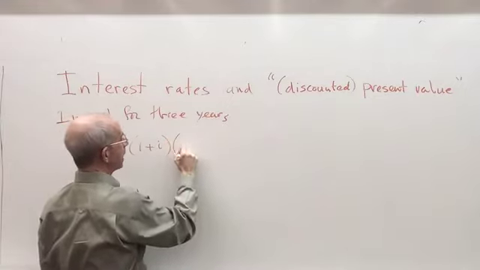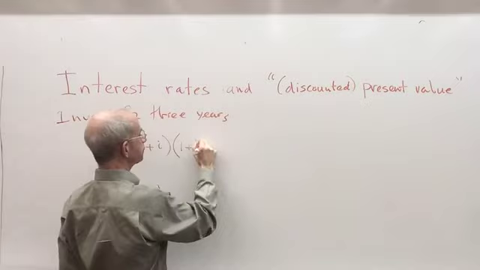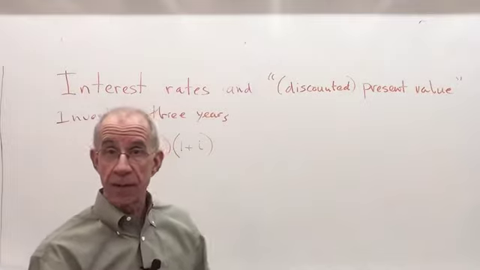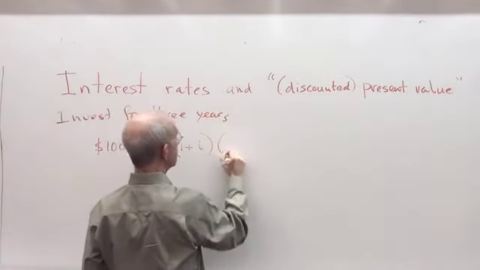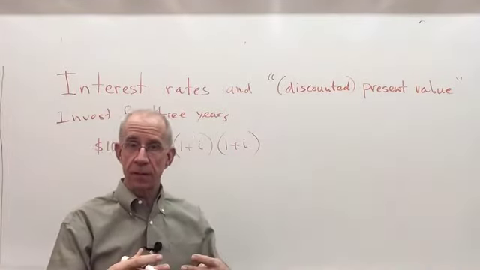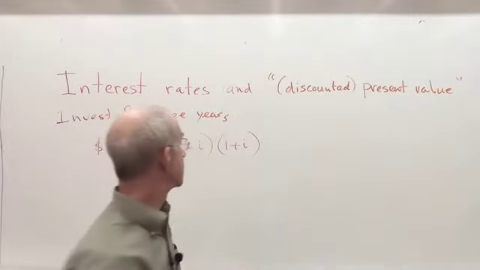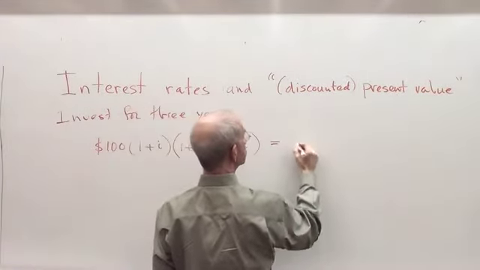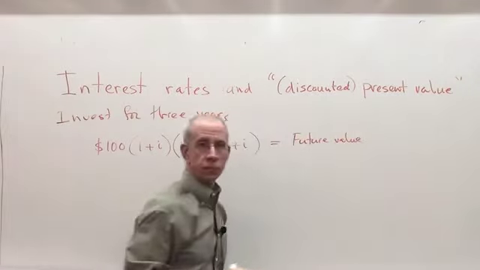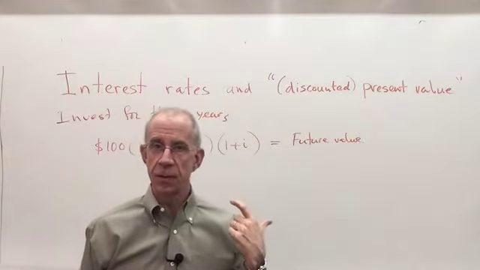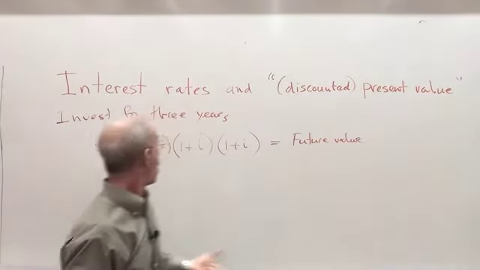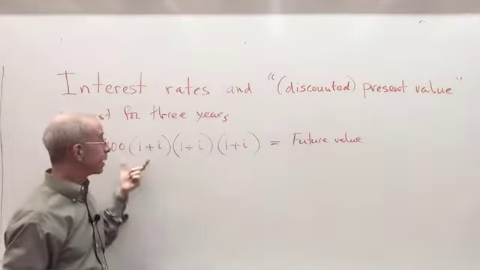I then multiply that times 1 plus the interest rate for the second year. That gives me the $110.25. And then the third year is 1 plus the interest rate. So what I've done is that I've converted my $100 into some future value, and using this formulation, you should say, I would be indifferent between getting this in the future or having the $100 that I can save and get these interest rates.